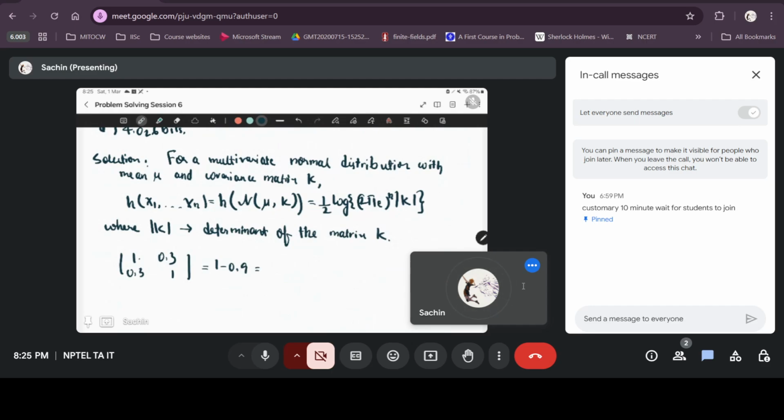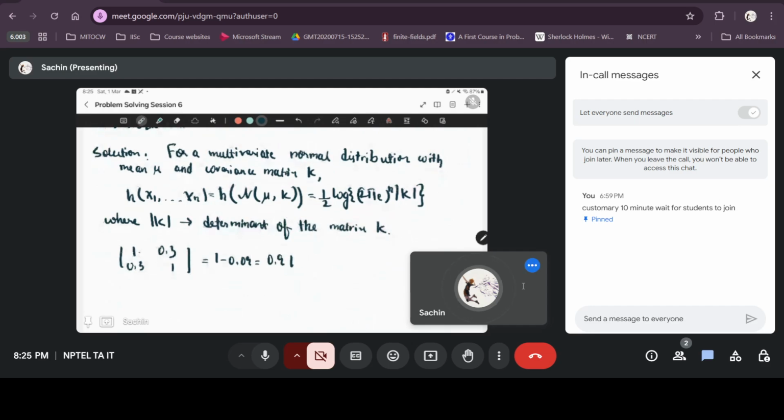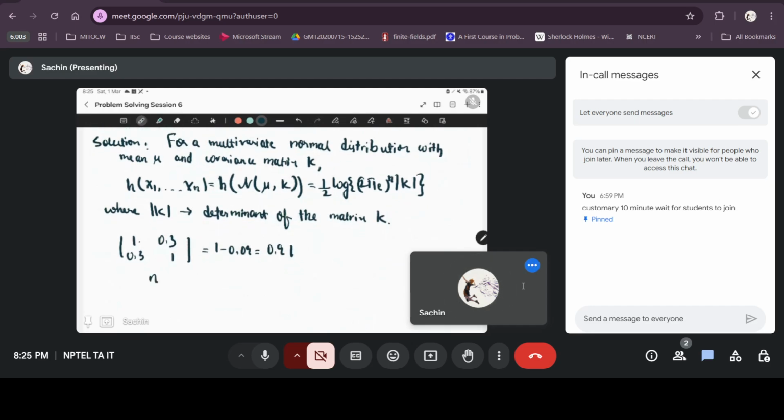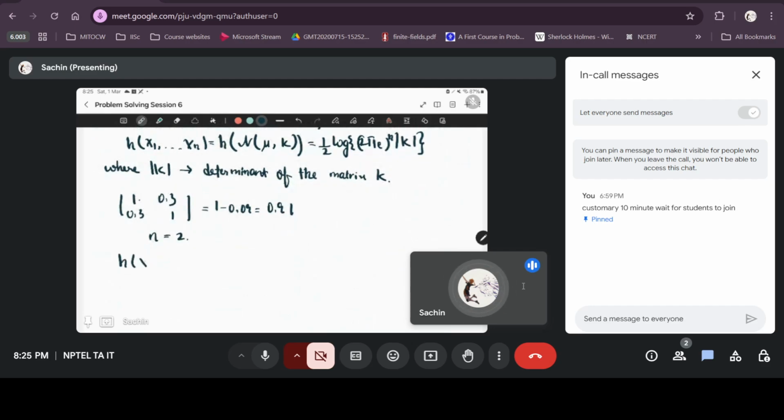Sorry, 1 minus 0.09, which is 0.91. N is equal to 2, so h of x1, x2 is half log (2 pi e) squared into 0.91.